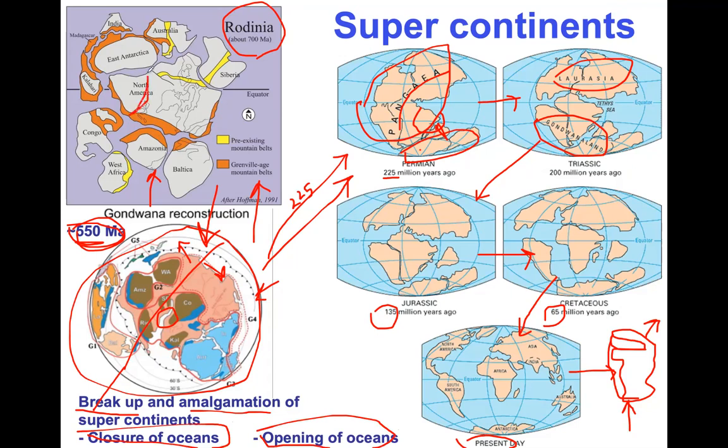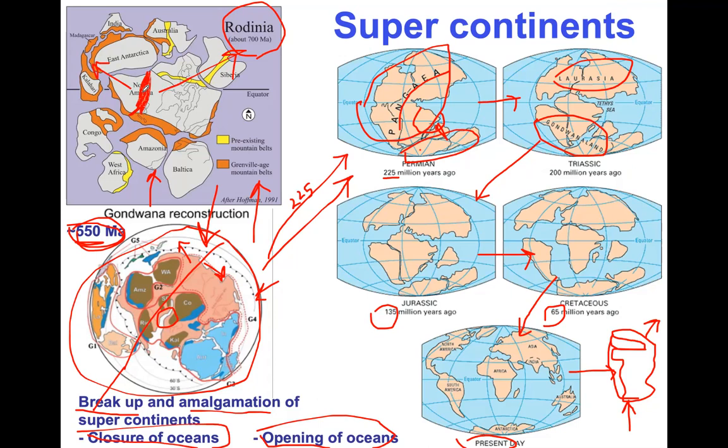Suppose this part moves in one direction, and the other part moves in another direction. Then what happens to the central region? It gets an opening, and this opening later becomes an ocean. So this is the birth of a future ocean. This is what we call the opening of oceans.